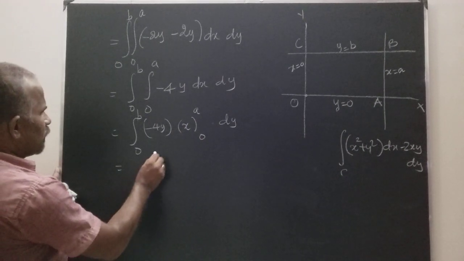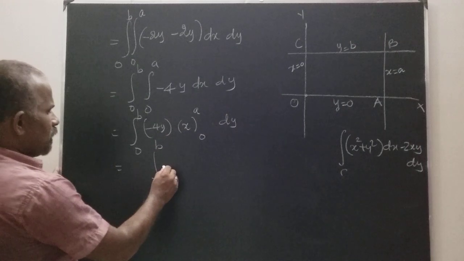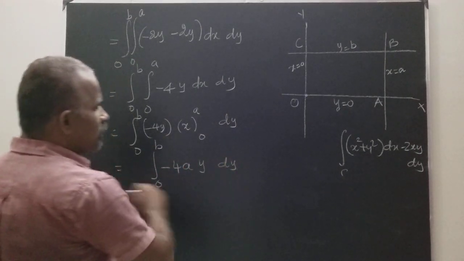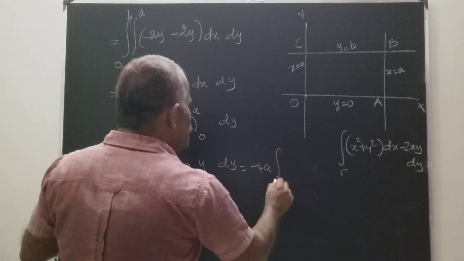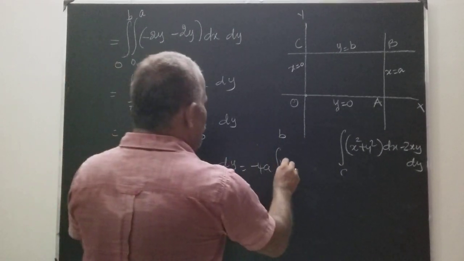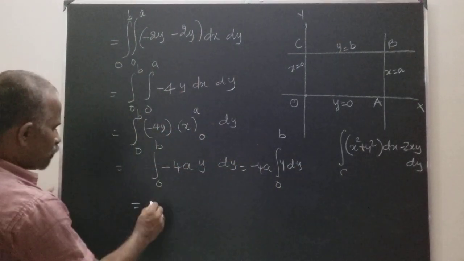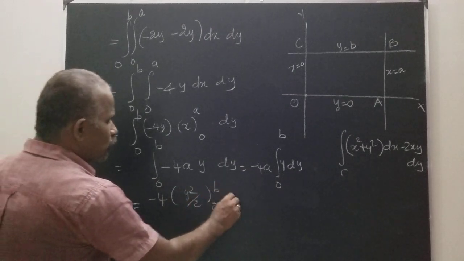So the integral from 0 to b of minus 4ay into dy is equal to minus 4a into the integral 0 to b of y dy. So this is minus 4a into y squared by 2, limit varies from 0 to b.